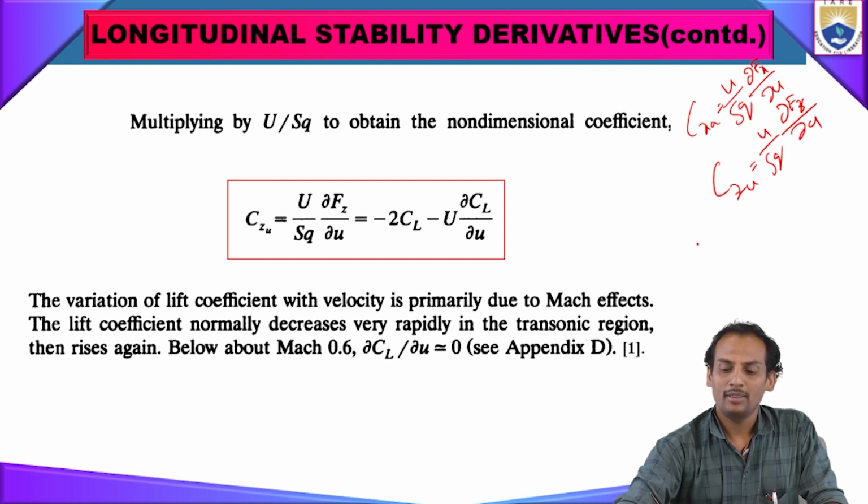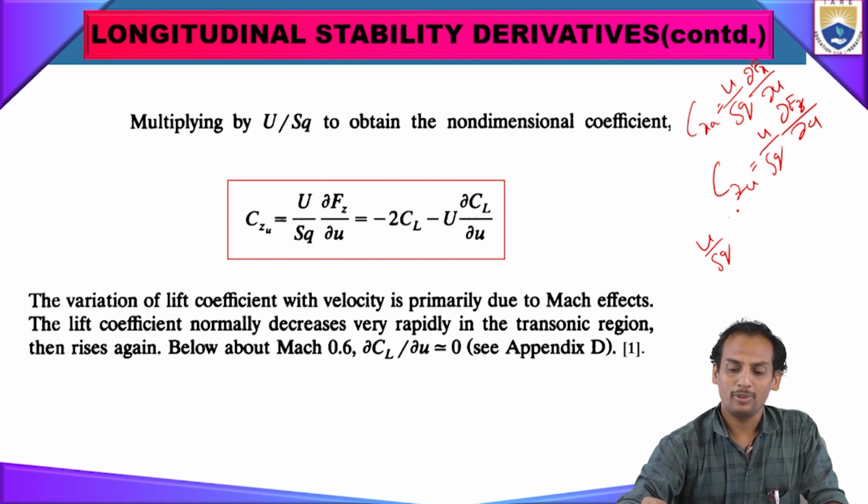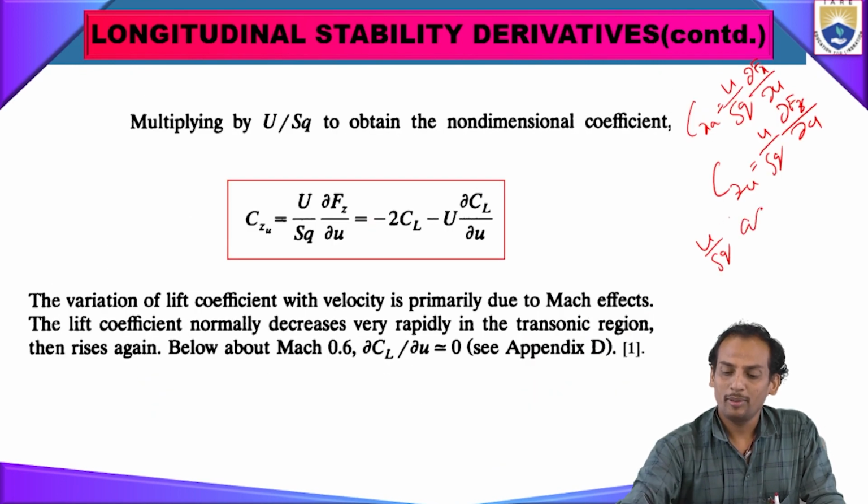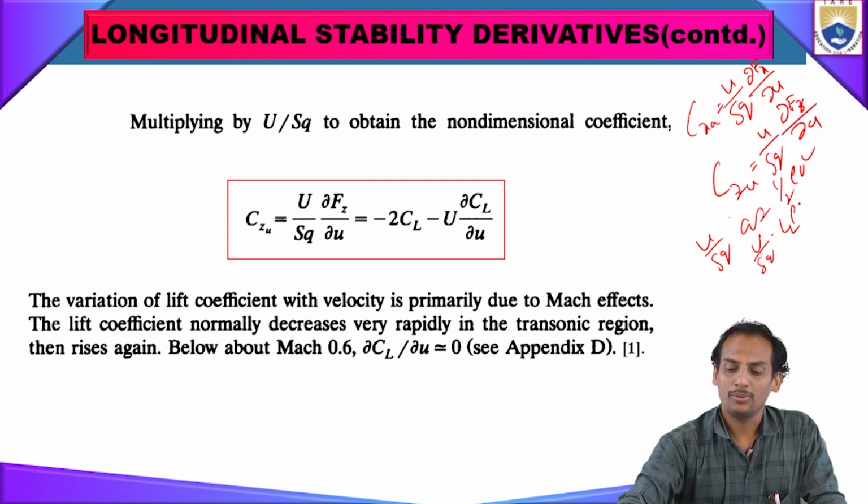So what will u by SQ into dou Fz by dou u be? Again it will be CL rho u S. Also the Q will be half rho u square. So u by SQ into CL rho u S.